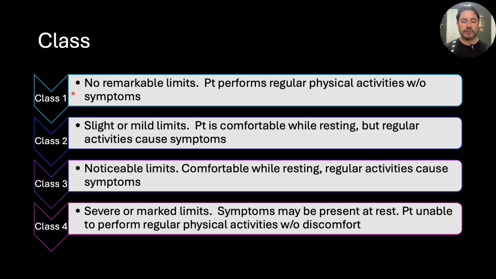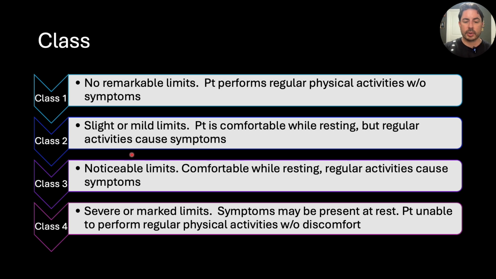In class 1, patients can perform regular physical activities without symptoms. When we start moving into class 2, we get slight or mild limits. So the patient is comfortable while resting, but regular activities cause symptoms like shortness of breath and the signs and symptoms that we saw a couple of slides ago.